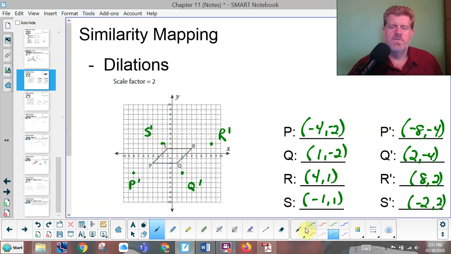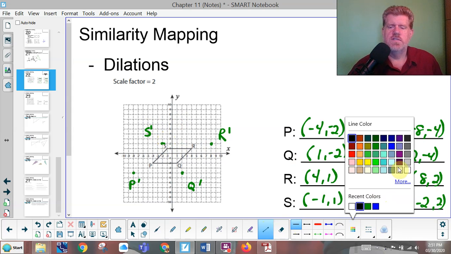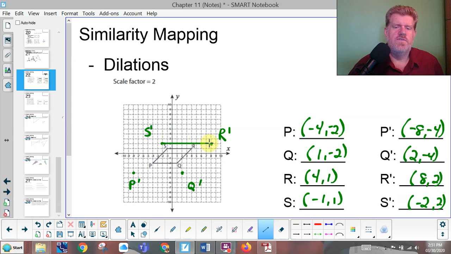Now I'm going to use my straight line to make sure I make these nice and straight. When I connect these, this figure should be, all the sides should be parallel to each other. And what I mean by that is, well, that one's not good. Let me try that again.